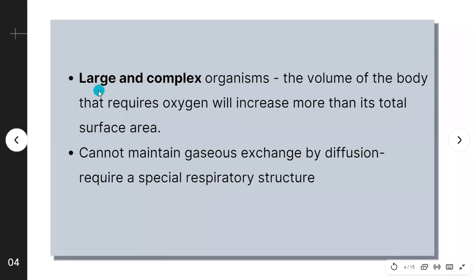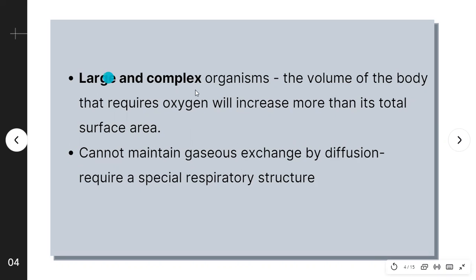For a large and complex organism such as a human, the volume of the body that requires oxygen will increase more than its total surface area. This explains why large and complex organisms cannot maintain gaseous exchange by just diffusion through the skin.